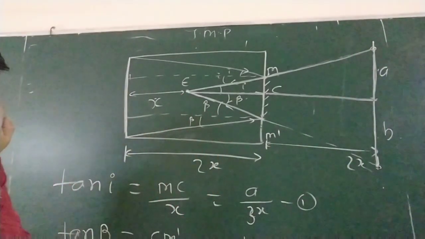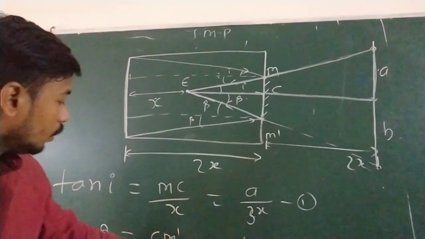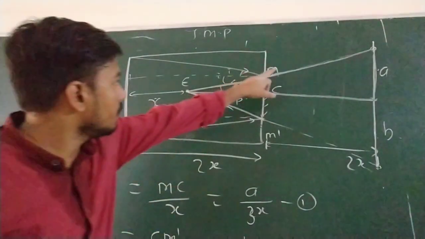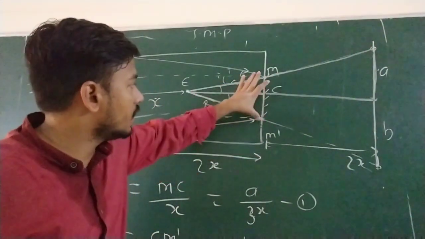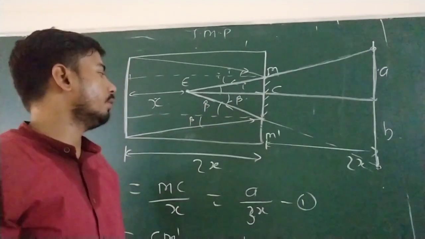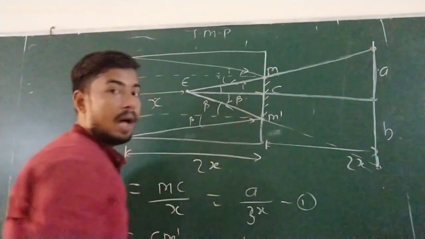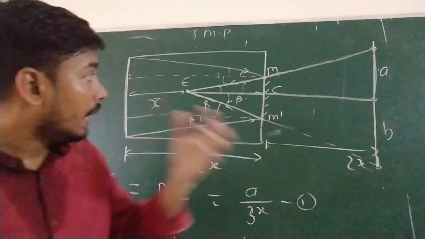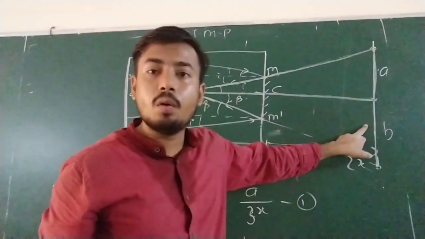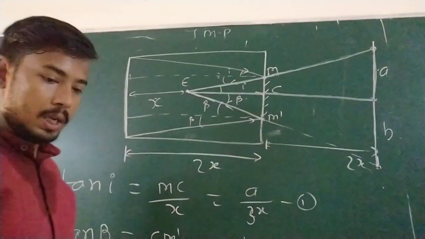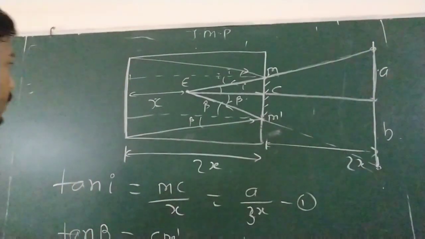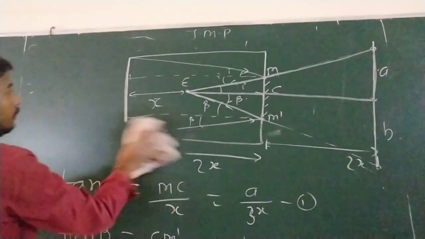Equation second. Now see, if we add these two equations, CM dash will give you the height of the mirror, and the addition of A and B will give you the height of the wall. So just add these two equations.